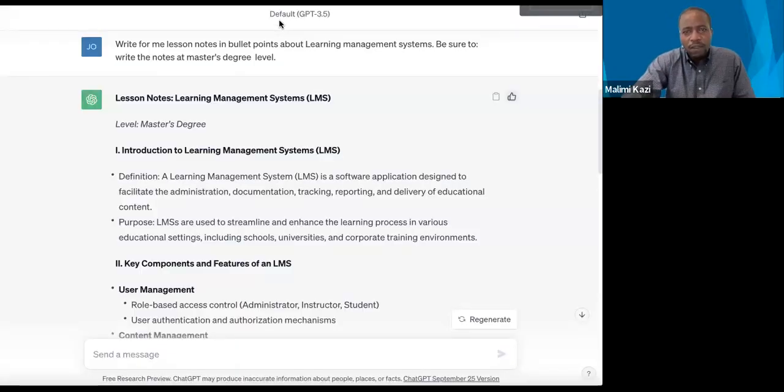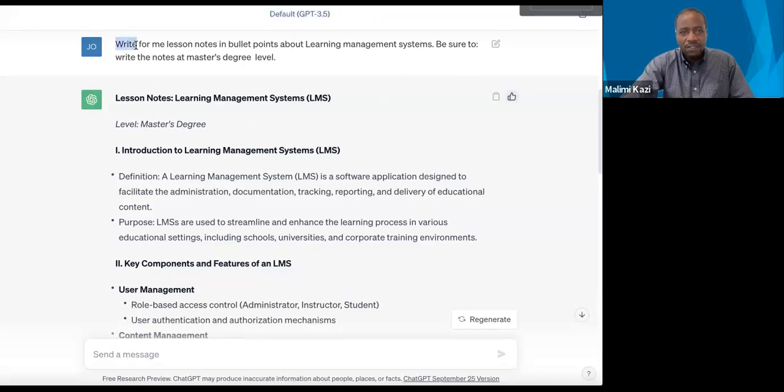Okay, so I'm using ChatGPT 3.5. I think this is the free version of ChatGPT. You don't need to pay anything. So I wanted ChatGPT to write for me lesson notes.